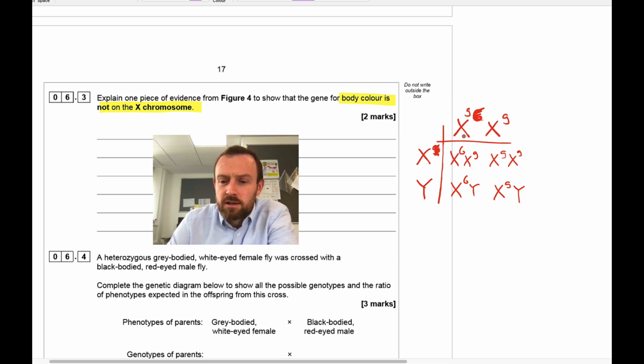If we had a black-bodied female, X, like that, and a grey-bodied male, then this would be correct, and this would be correct. So a black-bodied female and a grey-bodied male would only be able to produce a black-bodied male.